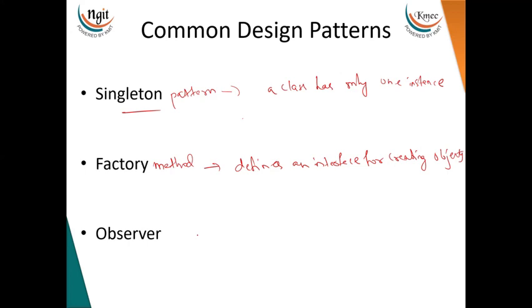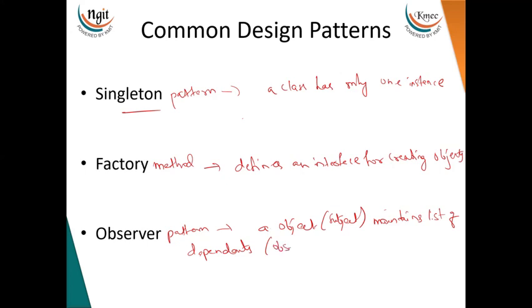Then the next one is the observer pattern, where an object, and when I say object, I am talking about the subject, maintains a list of dependents.